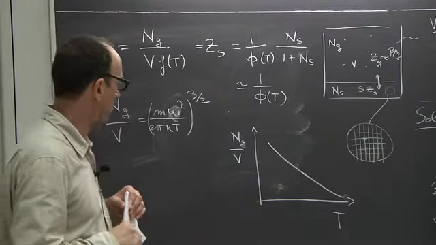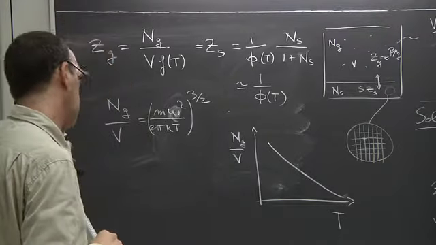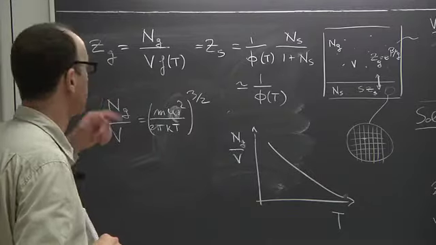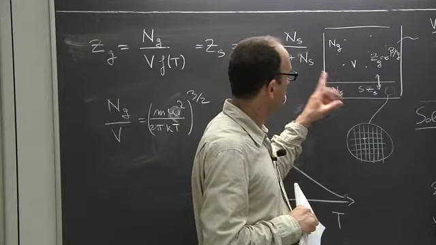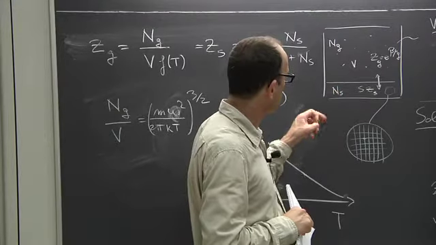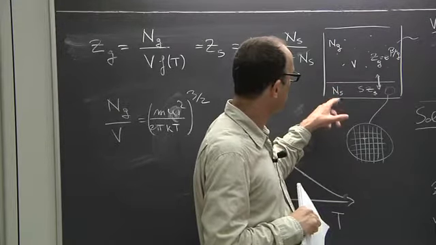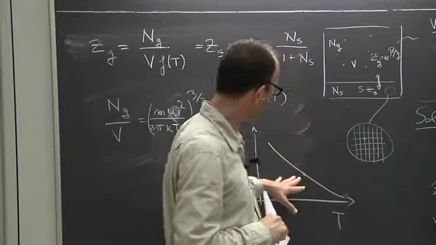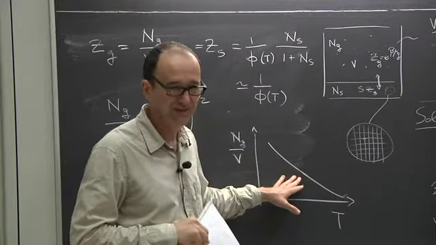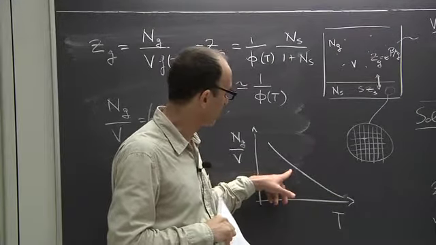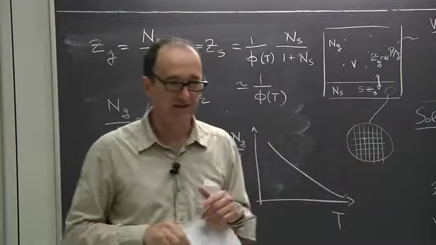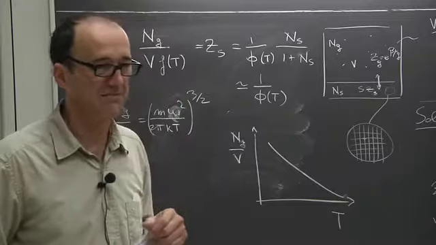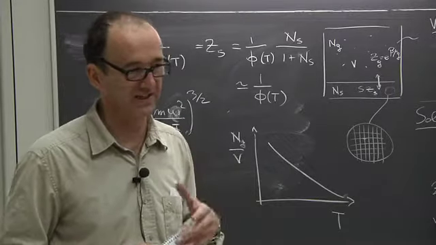Okay, so now in this model, essentially, the problem is that we get a very unphysical result. And this is because the model of the solid that we are using is not very realistic.